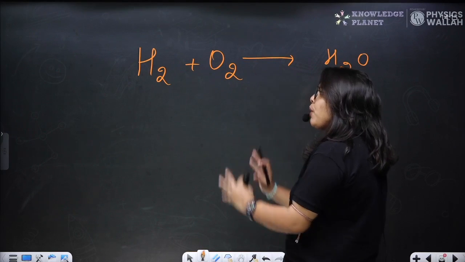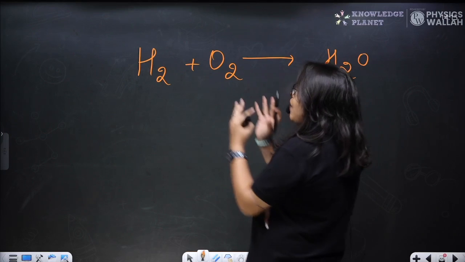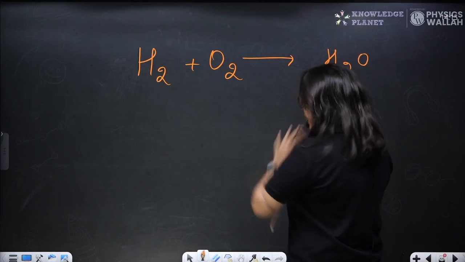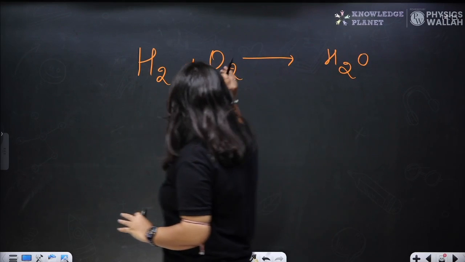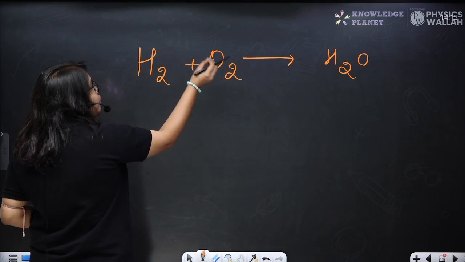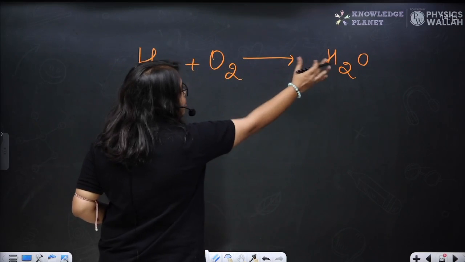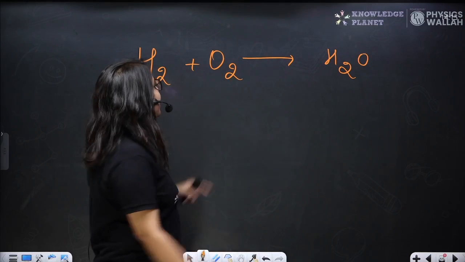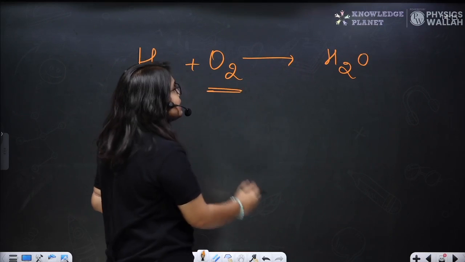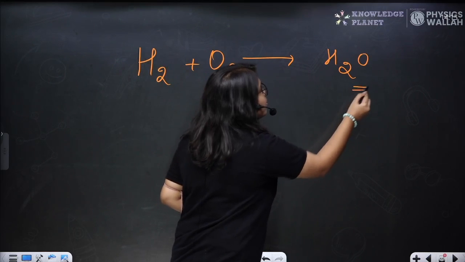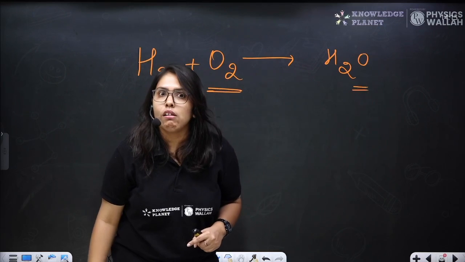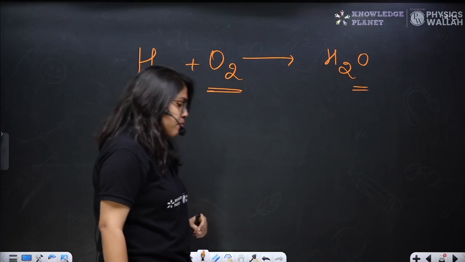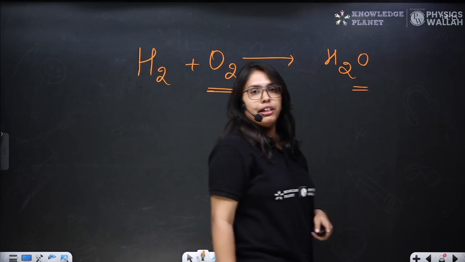Are the number of atoms of hydrogen on the reactant side the same as that on the product side? Or are the number of atoms of oxygen the same as that on the product side? You will notice that the number of atoms of oxygen on the reactant side and on the product side are not the same. So what do we do about it?